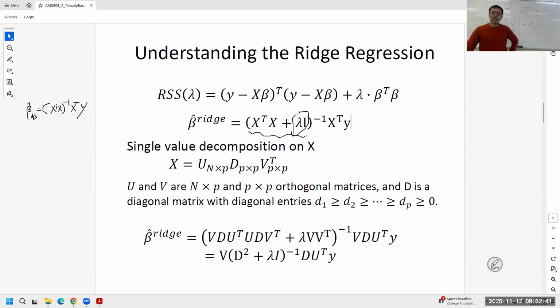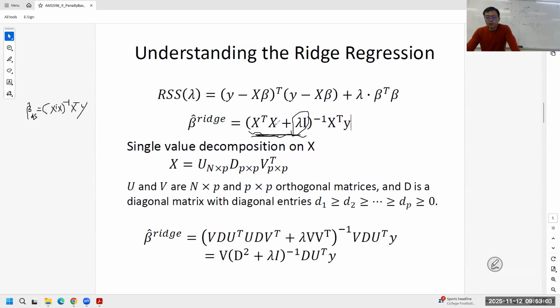But once you add the term lambda I, which is full rank and invertible, it makes the matrix invertible. Originally people did that for the purpose of numerical stability.